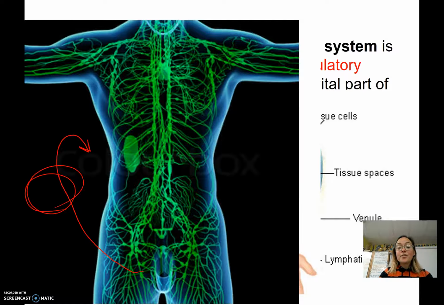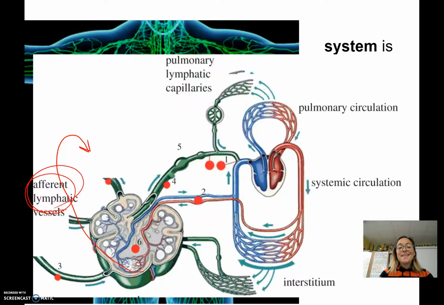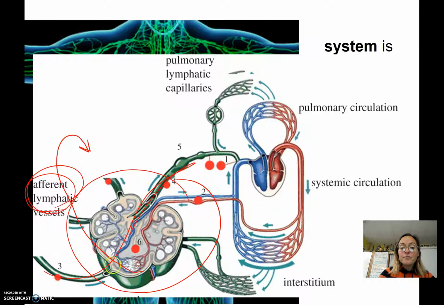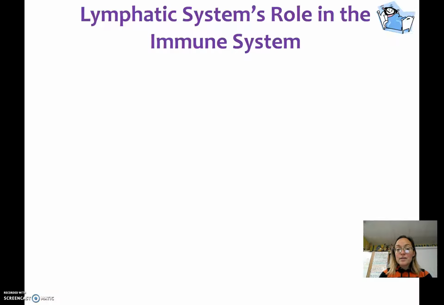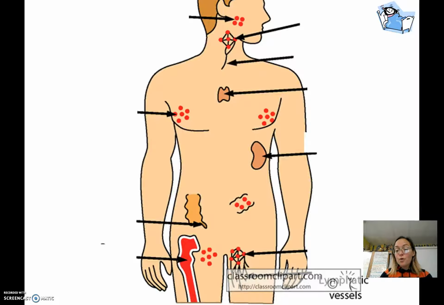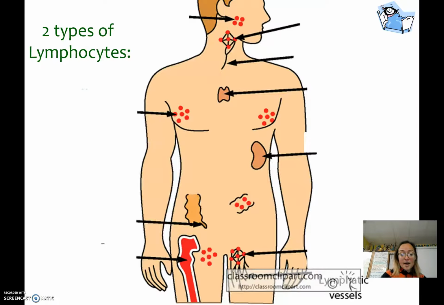And here's more looking at the lymphatic channels. And then here you can kind of see how a lymph node has both lymph fluid flowing through it and capillaries as well. So when we look at the lymphatic system's role in the immune system, here we have two types of lymphocytes. Okay, so we have B cells that are made in the bone marrow and then will finish development in the bone marrow.